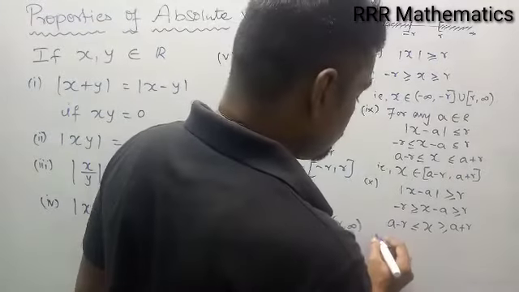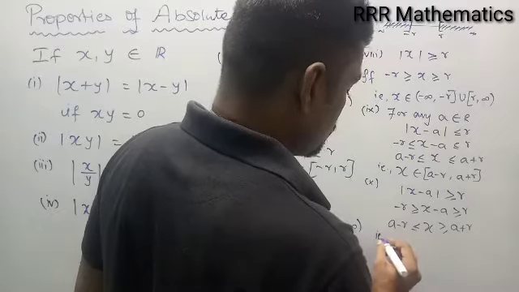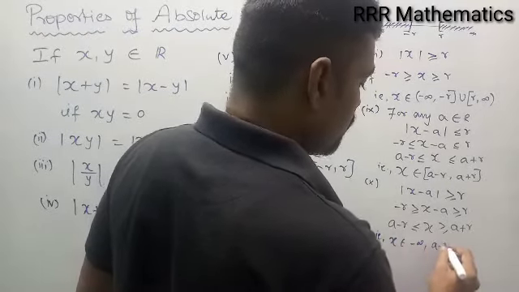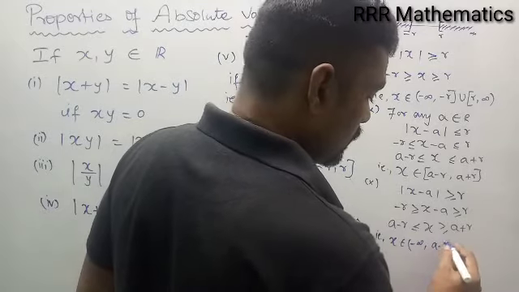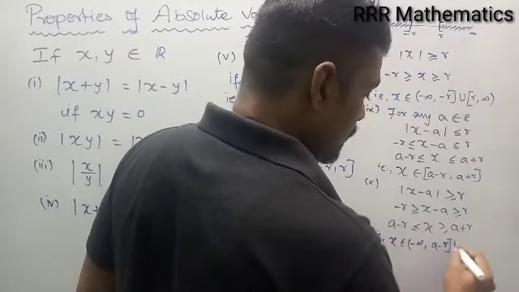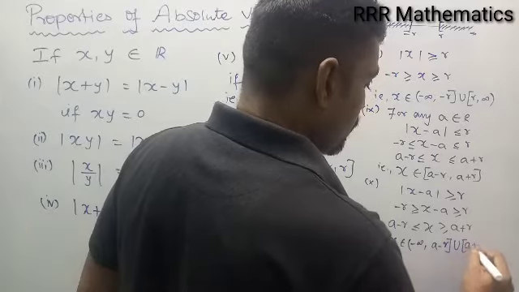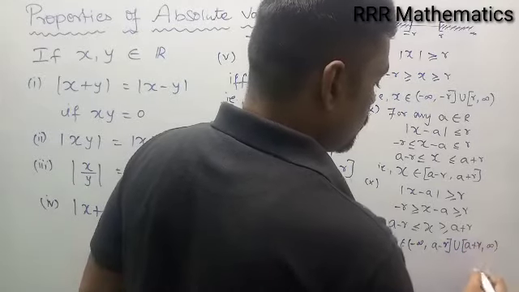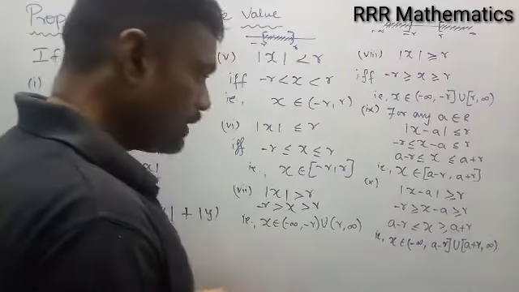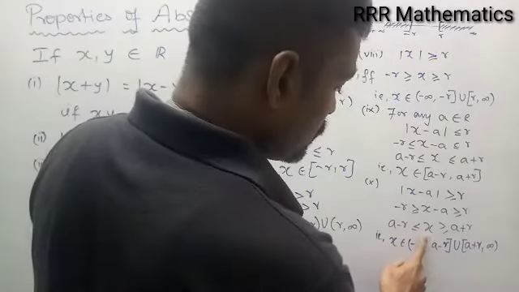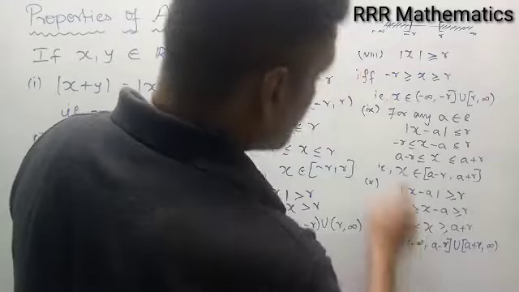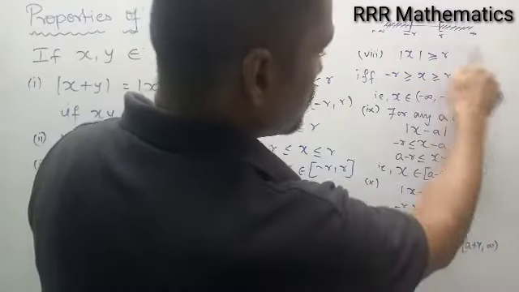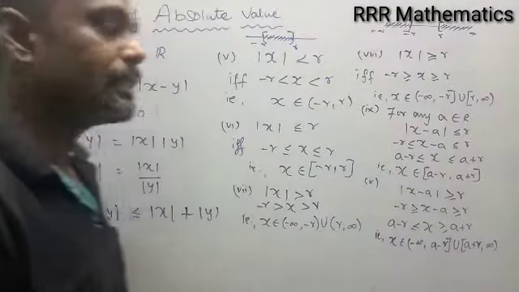That is, where x belongs to minus infinity comma a minus r, open, this is equal sign, and a plus r comma infinity. See, in this case your x belongs to minus infinity comma a minus r and a plus r to infinity. Is it clear?